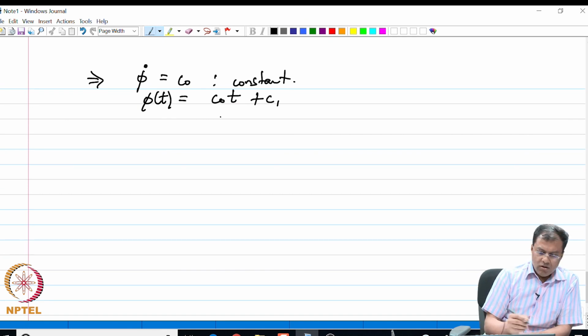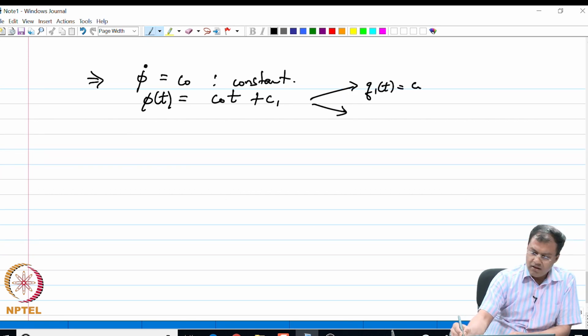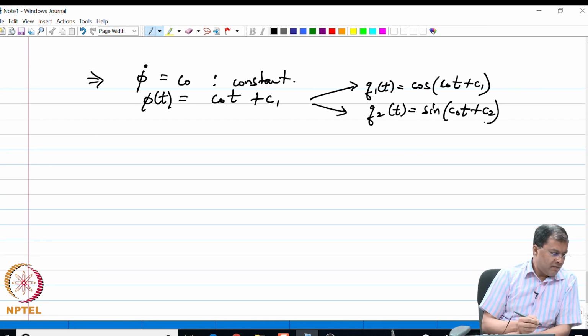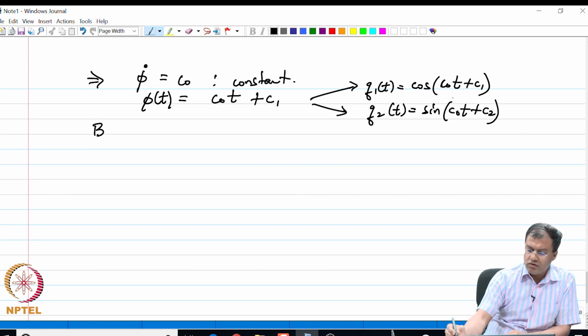So, now my variable q 1 of t is cos of C naught t plus C 1, and my q 2 of t is sine of C naught t plus C 1, right. So, now all we have to do is to eliminate C naught and C 1, and we have two boundary conditions present.